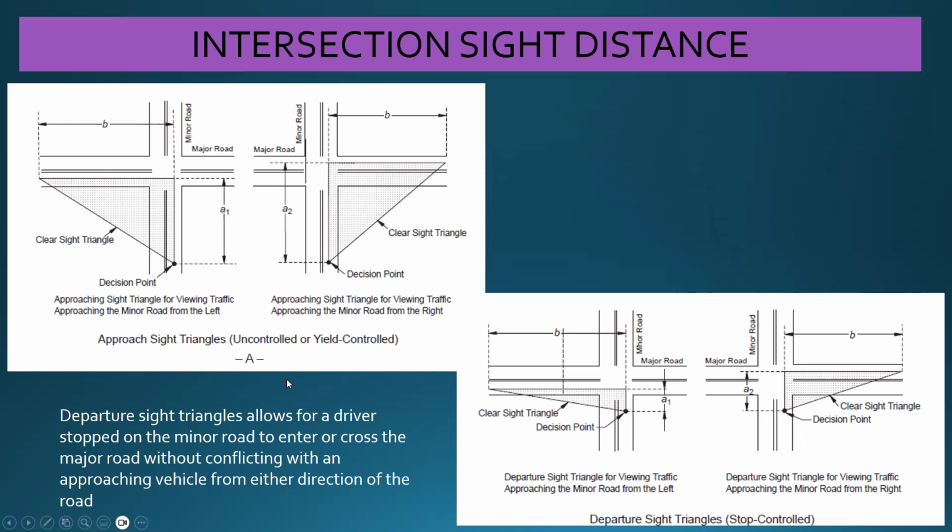Okay? So it has slightly lower sight distance compared to its A sub 2, or yeah, its A legs compared to its B.